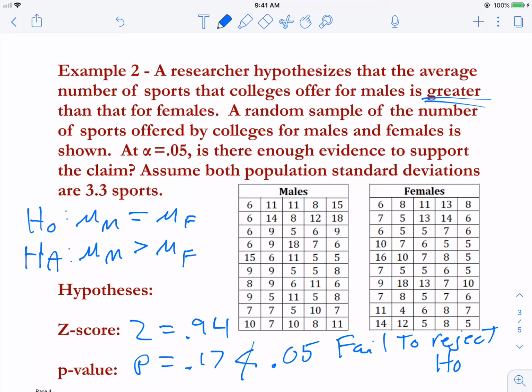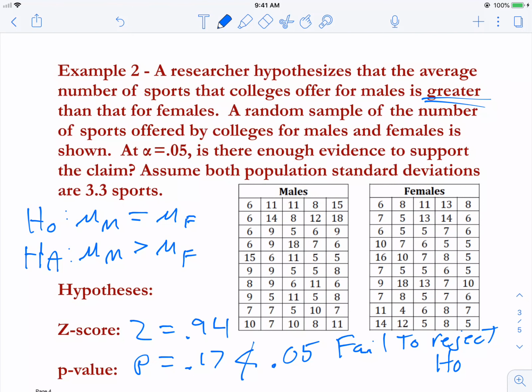Meaning that, in this case, we do not have enough evidence to say that there is a significant difference in the number of sports offered at these colleges between males and females. Maybe that evidence is out there, we don't know that. So in this case, we believe that the null hypothesis is true.